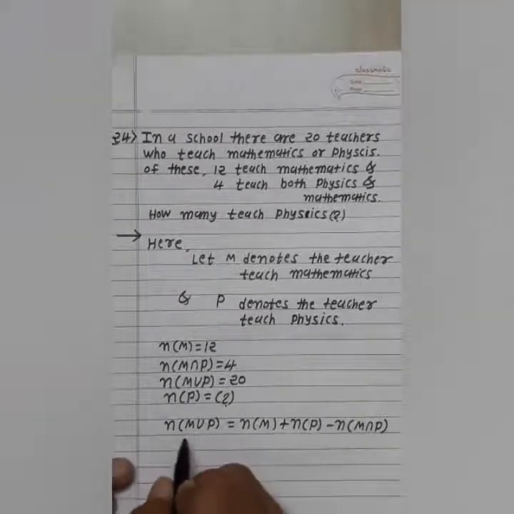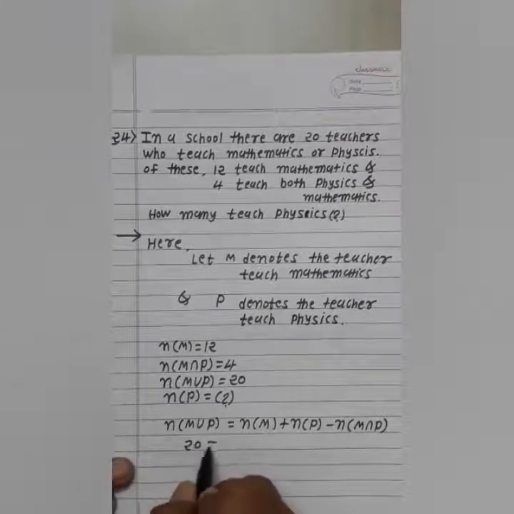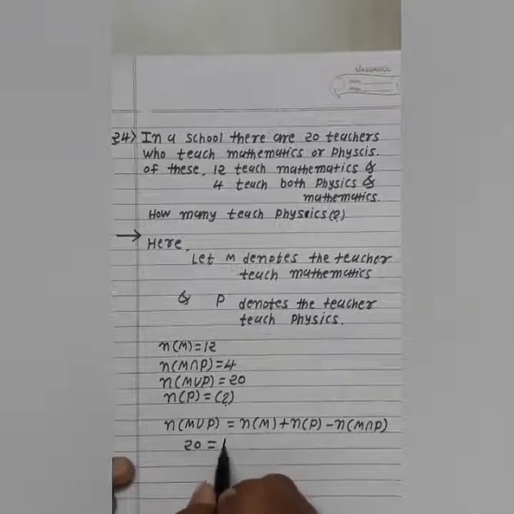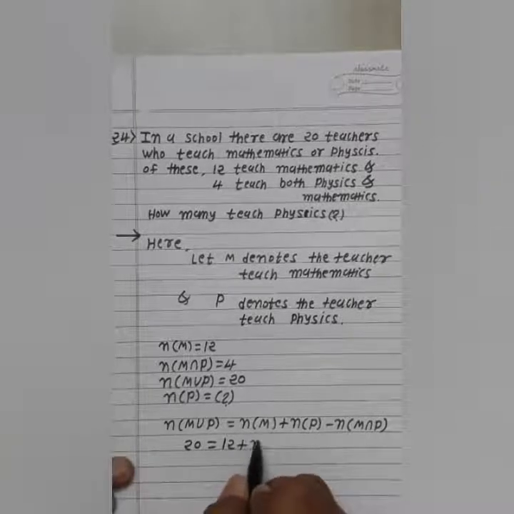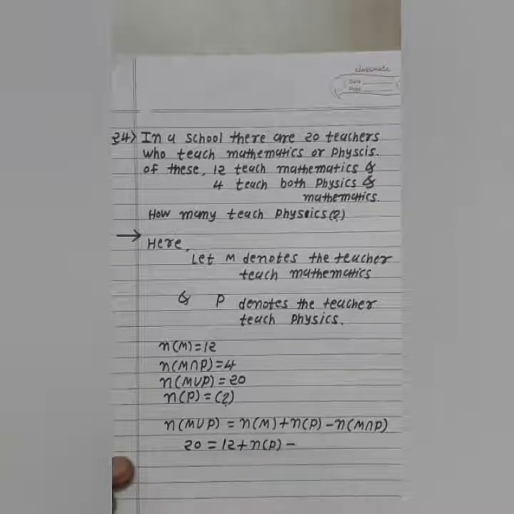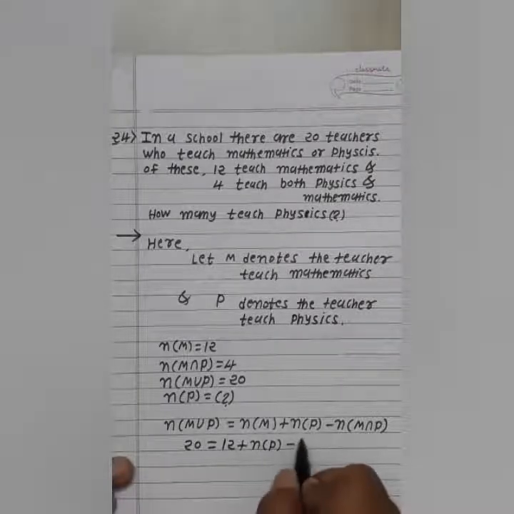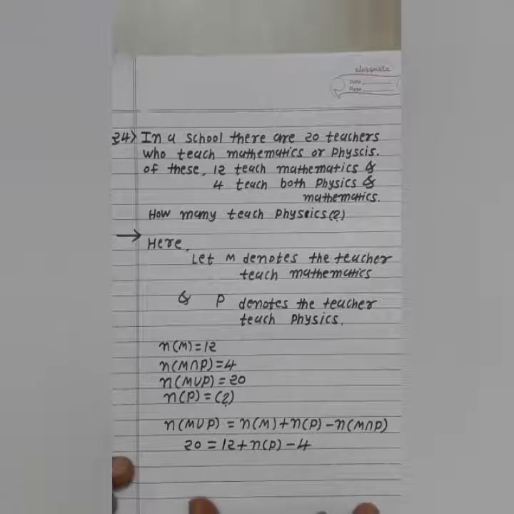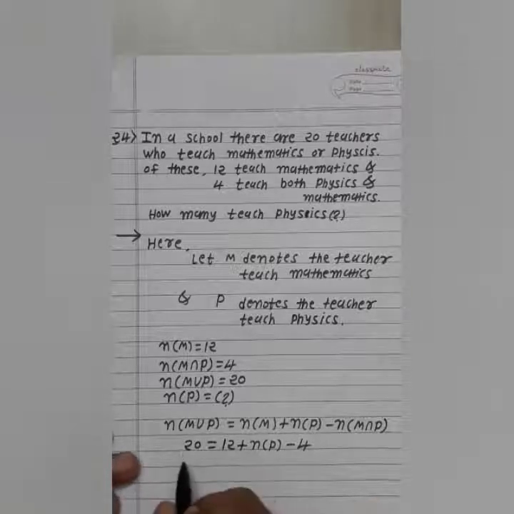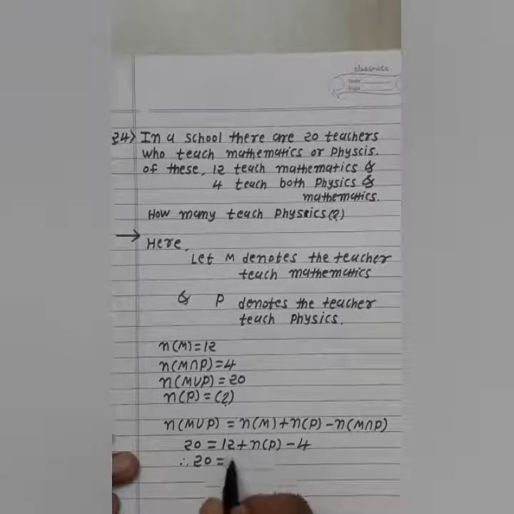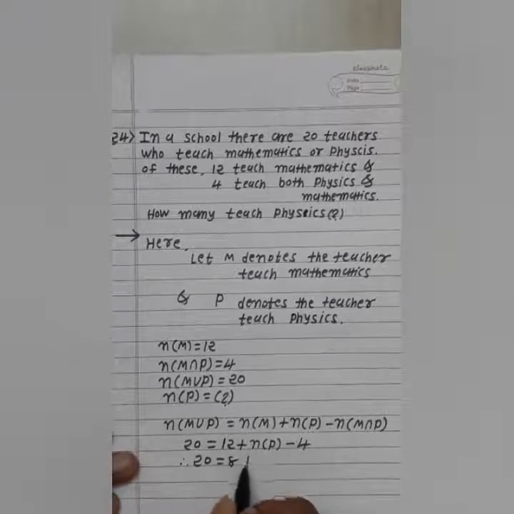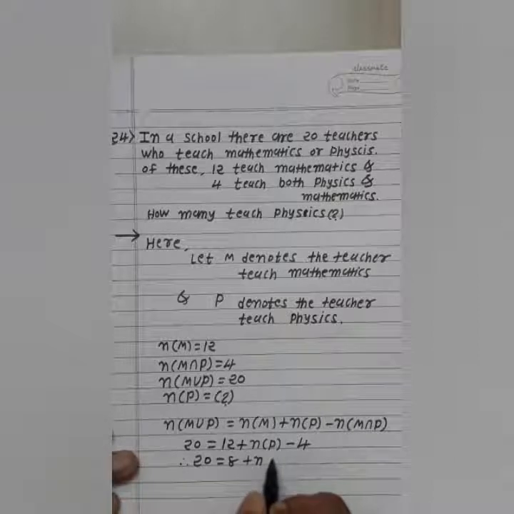In place of n of m union p we write 20, in place of n of m we write 12, plus n of p, which we can find here, and minus n of m intersection p, that means 4. So therefore 20 is equal to 12 minus 4, means 8, plus n of p.